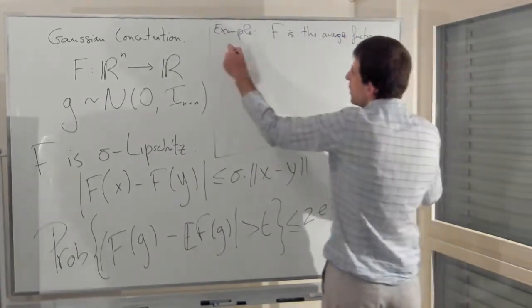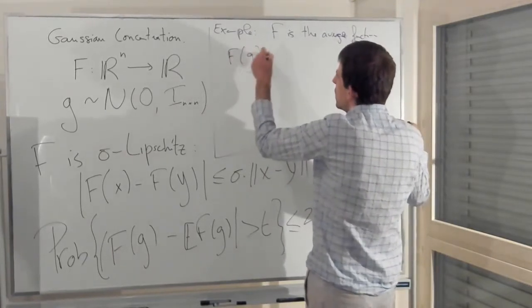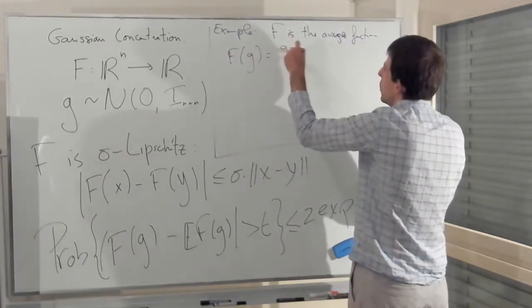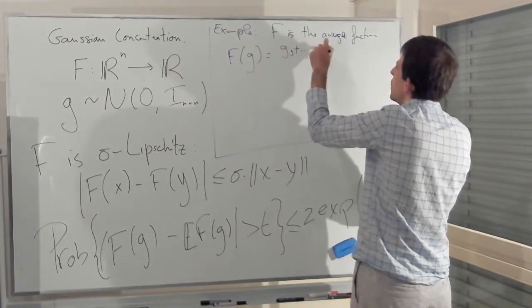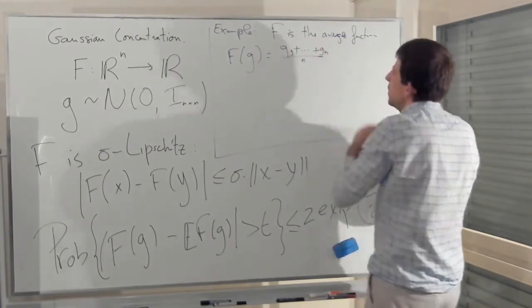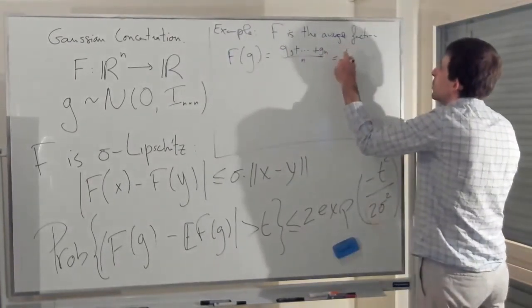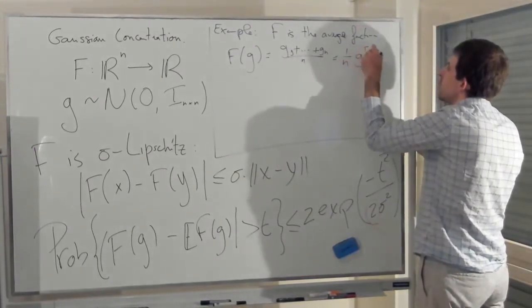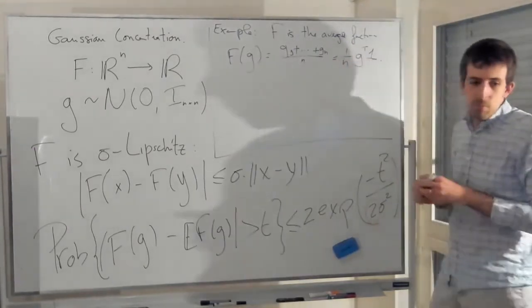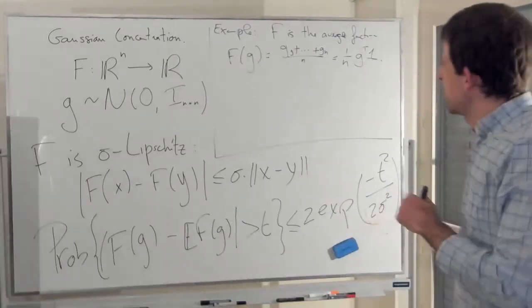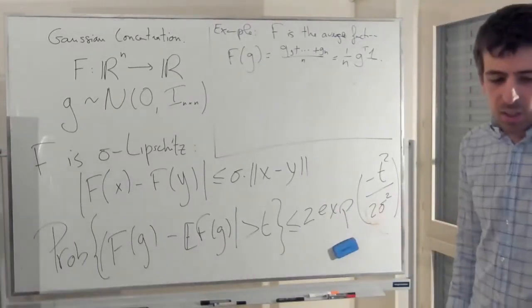What I mean by this is that f(g) is just (g_1 + ... + g_n) over n. Another way to write this is 1 over n times g transpose the all-ones vector. So let's see what kind of Lipschitz constant this has. That's easy.